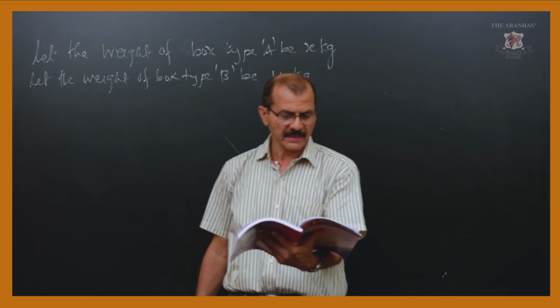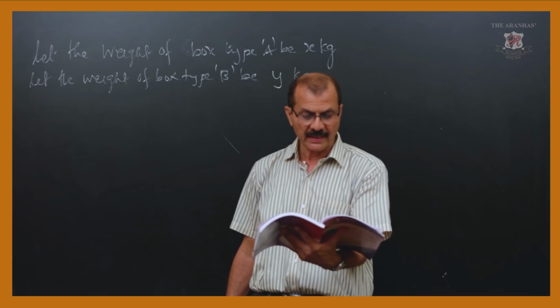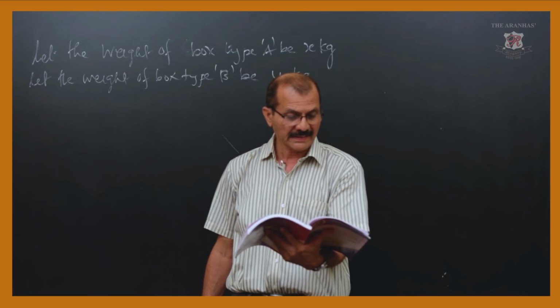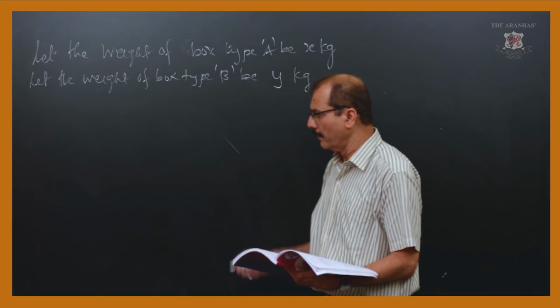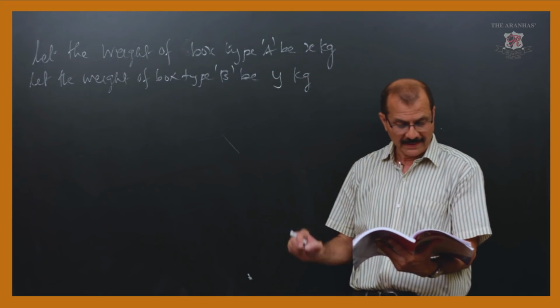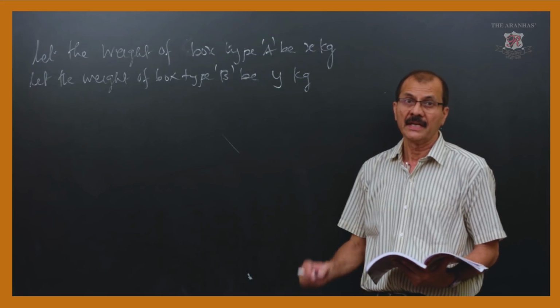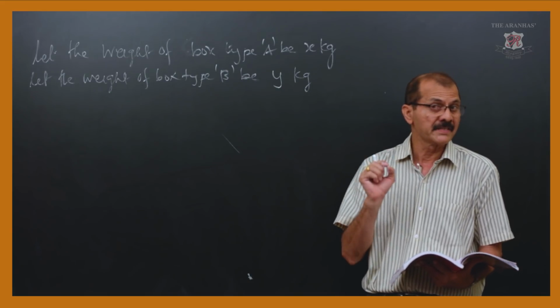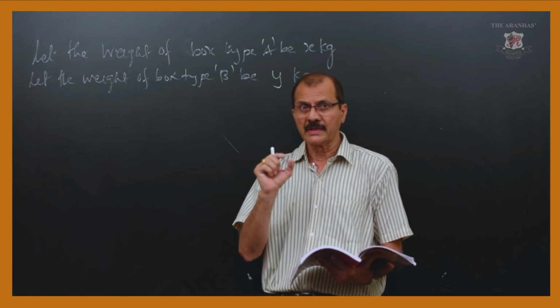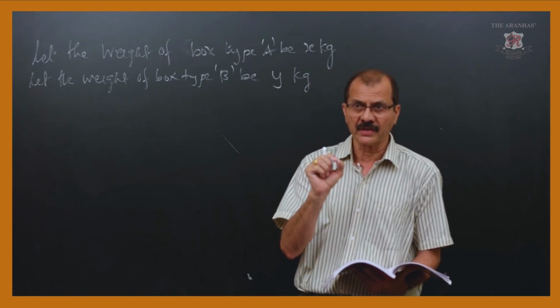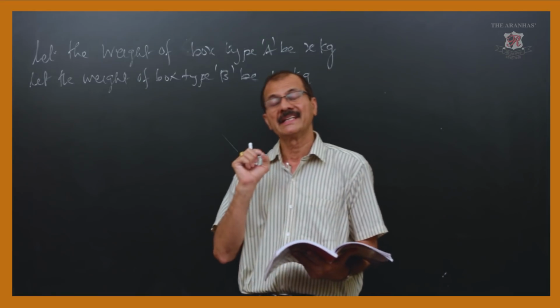Two types of boxes A and B are to be placed in a truck having capacity of 10 tons. So, the total capacity of the truck is 10 tons. Keep this in mind. I repeat, the total capacity of that truck to be loaded is 10 tons.